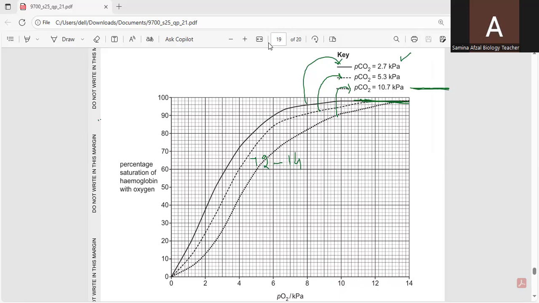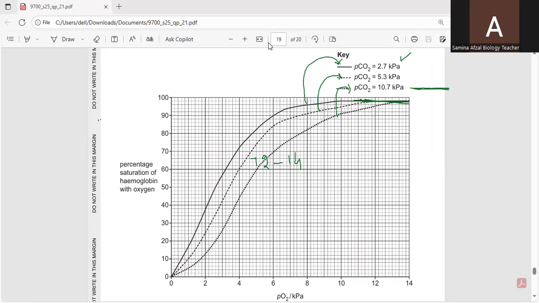Why does it happen? The respiring tissues are metabolically active and produce a significant amount of carbon dioxide as a waste product. This quickly dissolves in the blood, increasing the partial pressure of carbon dioxide, and through its reaction with water, lowering the blood's pH.